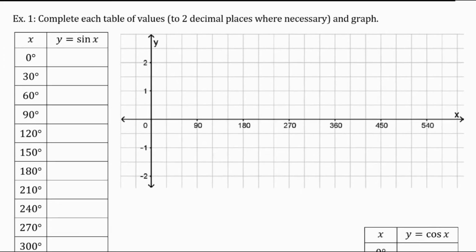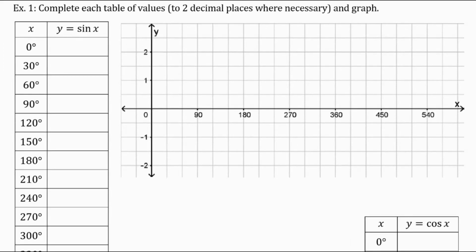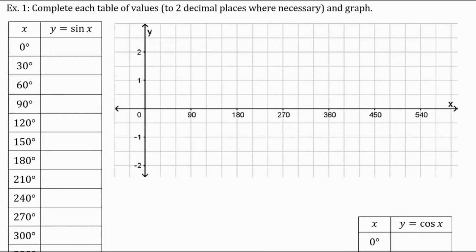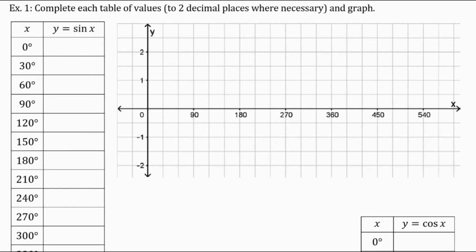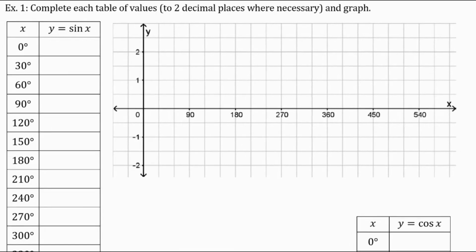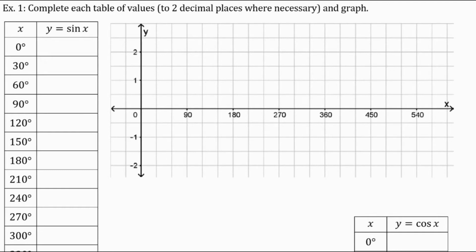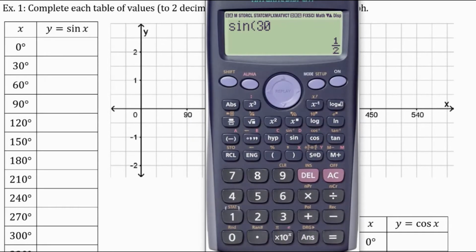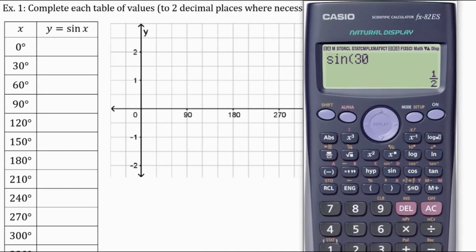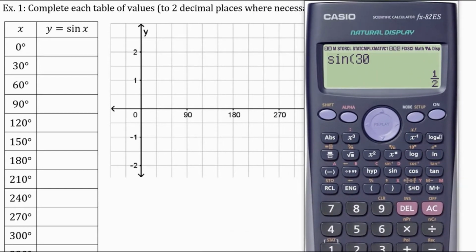To do this, we are going to need our calculator. So go ahead and pull up your calculator. And one thing that I want to point out when we're working with our calculator is that mine has DRG.